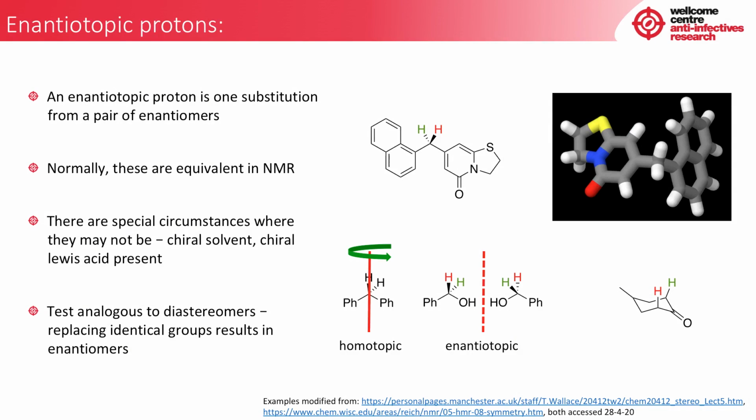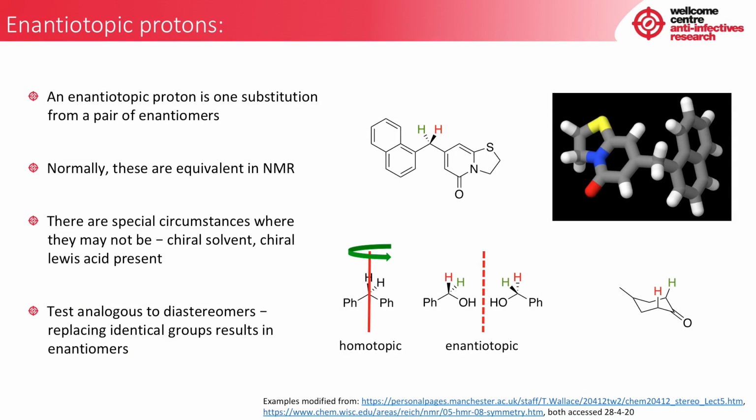The same actually applies to enantiotopic protons, although in most cases this is less important. So this is where a single substitution would make enantiomers. Enantiomers are normally equivalent in our NMR spectra, and so these protons are also normally equivalent.